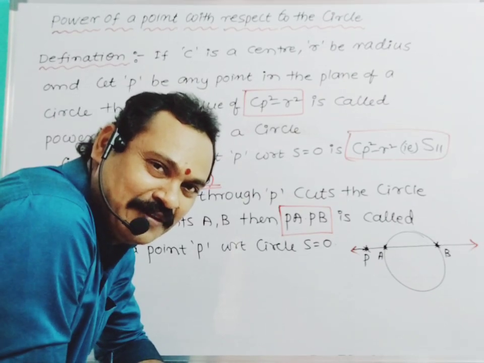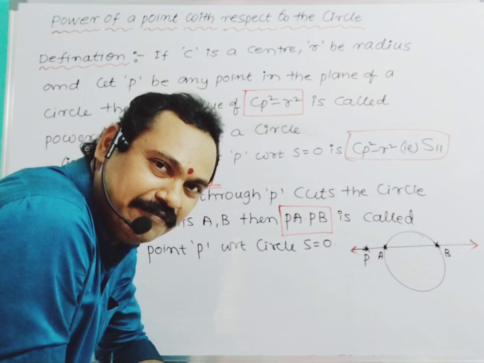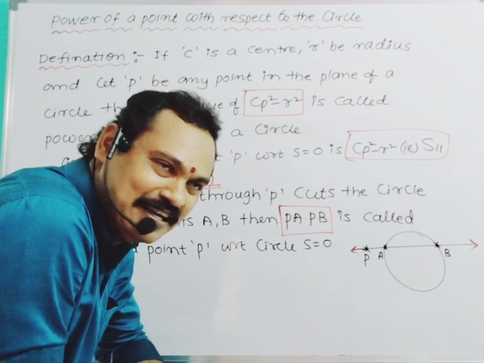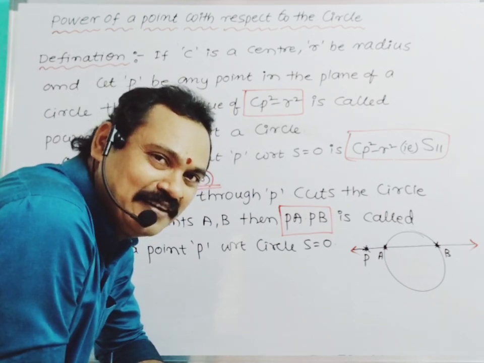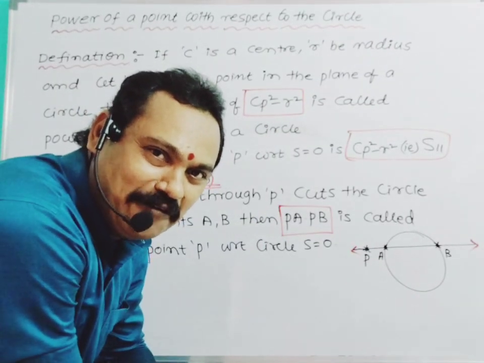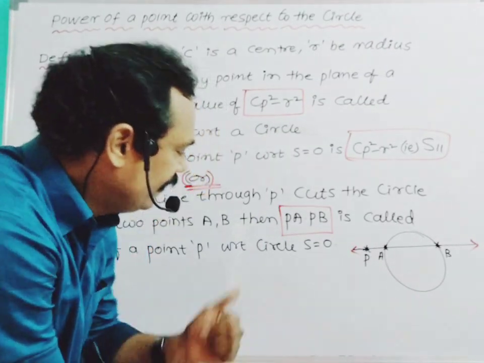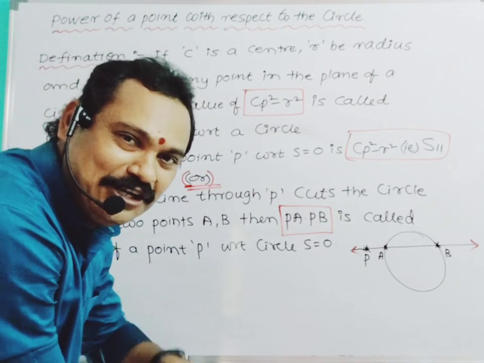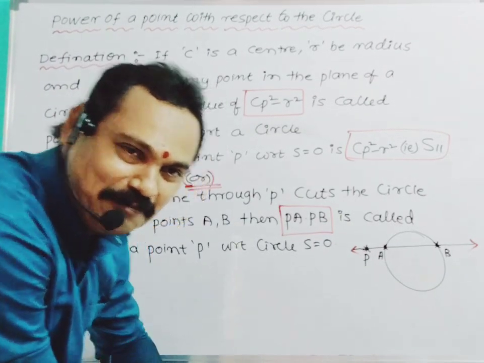Is it clear? Both definitions we have, and you have to merge both. CP square minus R square is called power of a point, and PA into PB is also called power of a point.